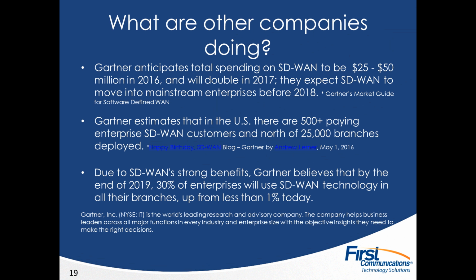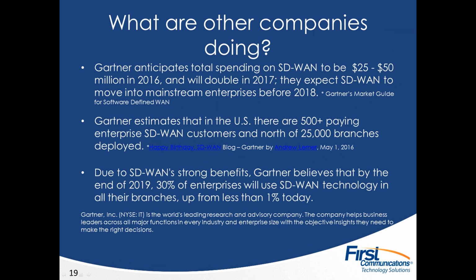So what are other companies doing? Gartner is a research and advisory company. They've provided a lot of guidance regarding SD WAN. They indicate that SD WAN as a technology and a service will grow aggressively over the next few years. I've provided some examples on the screen.